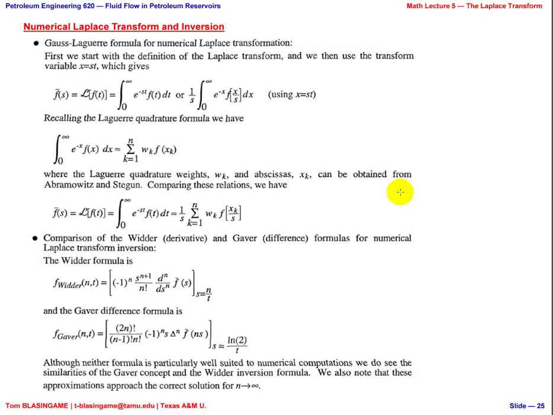I've rarely seen the real application of this. There may exist, but honestly, I've never seen it. The first one is the Gauss-Laguerre formula for the numerical transform. I don't think this one is covered later. I don't remember.